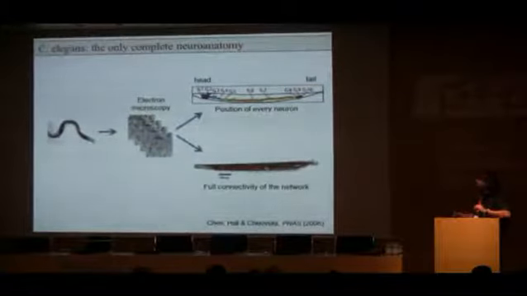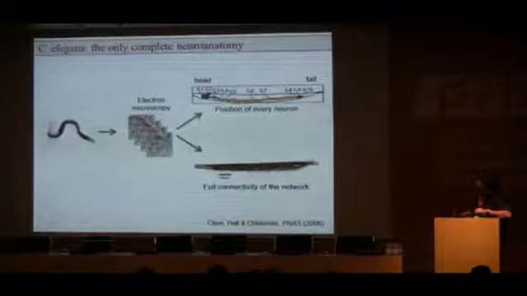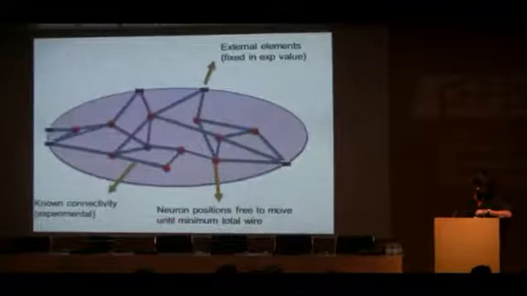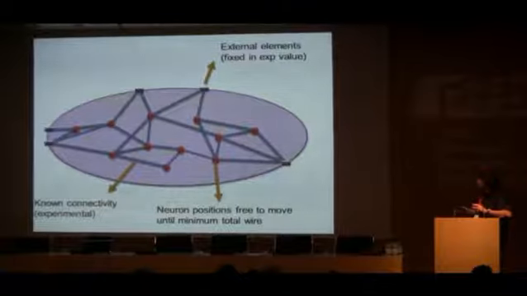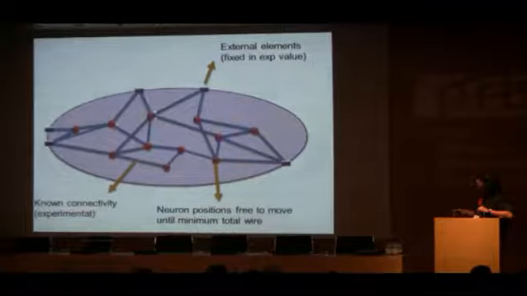Also, the full connectivity of the network is the only full nervous system for which we have this data. And then the problem reduces to the following. Let's imagine that this is C. elegans, and we will have some sensors and muscles on the surface of this ellipse. And then we have the neurons, these red nodes, and we have the connectivity.